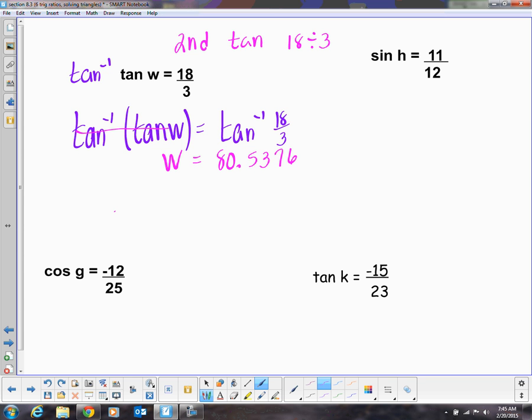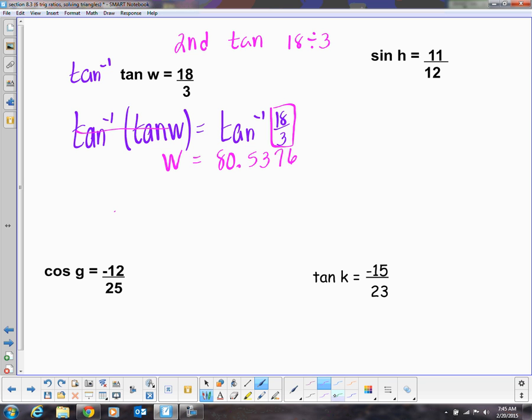All right. So, Kayla and Bree, you are going to do this first. Do 18 divided by 3 equals. Okay? And now I want you to hit second tan equals. You got it? See it?